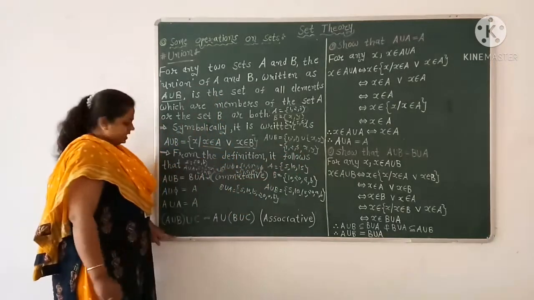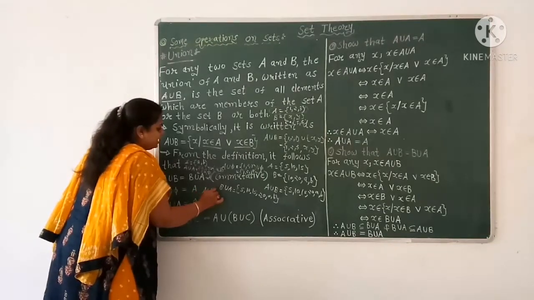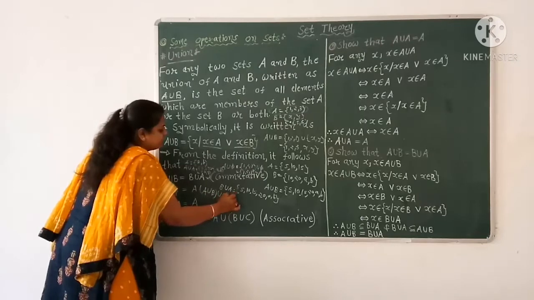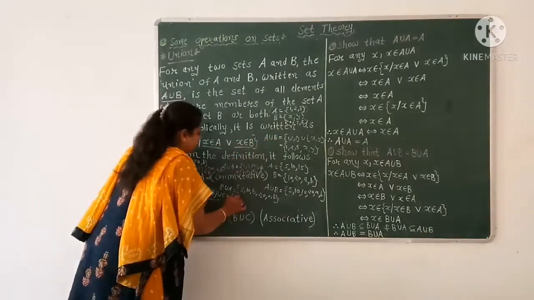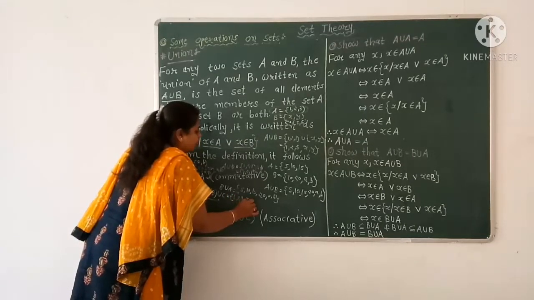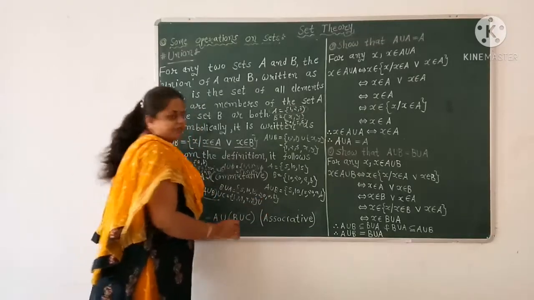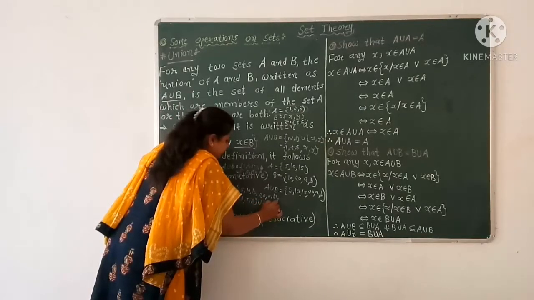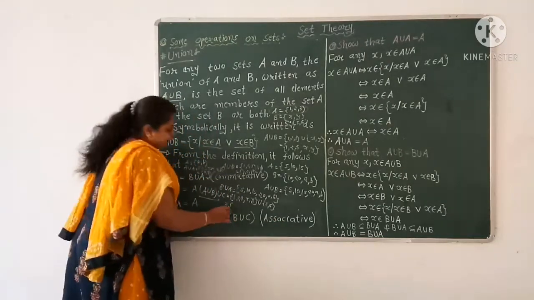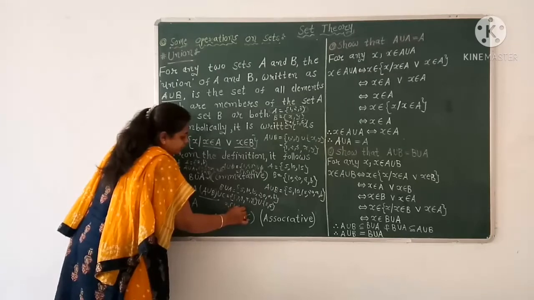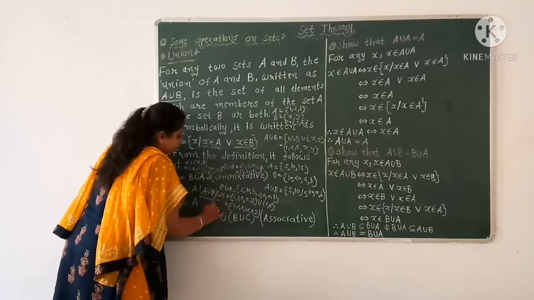Now here we need (A union B) union C. So (A union B) union C is equal to {1, 2, 3, x, 1} union C, that is {5, 6}. So (A union B) union C is equal to {1, 2, 3, 5, 6, x, 1}.